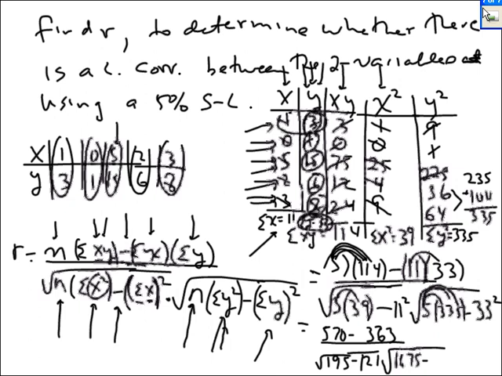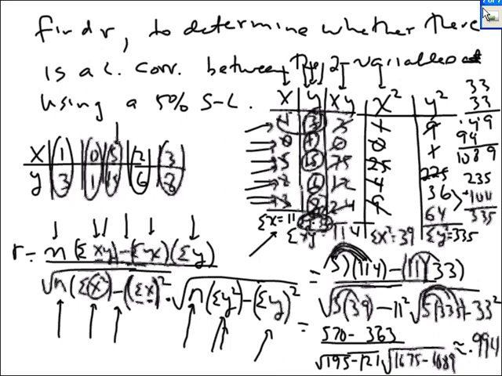And 33 squared is, let's work that one out. 33 times 33 is 99, and another 99. It's 9, 18, 1089. And if you do this mathematics, you get 0.994. And that's our critical value.